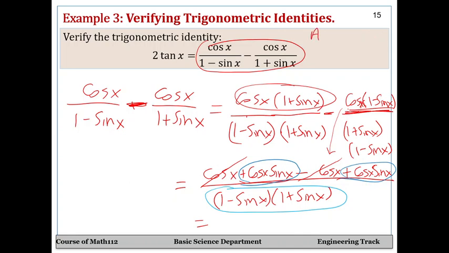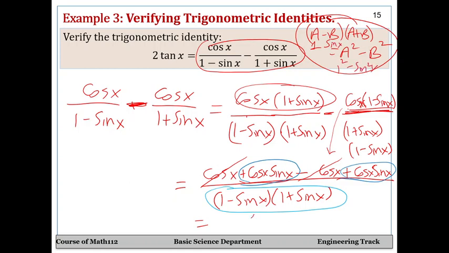Or I would ask you with a and b, what is this? That will be a squared minus b squared, right? So what is a here? Instead of a, we put 1, instead of b is sine x. So it will be 1 squared minus sine squared x, right? So this product, indeed, I'll write in blue, will be 1 minus sine squared x.